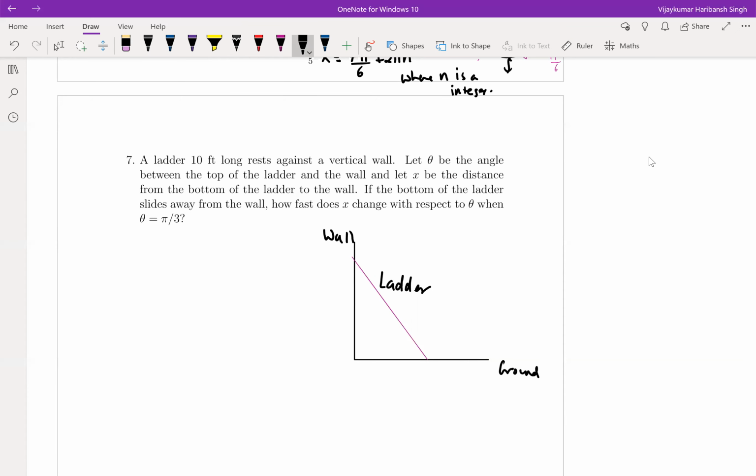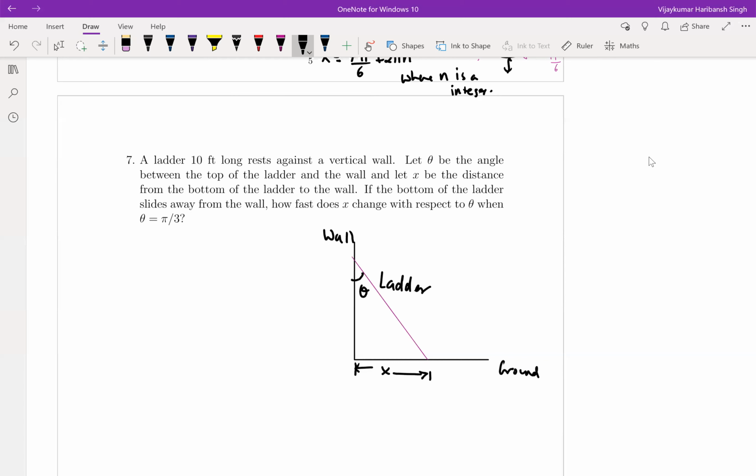Now, theta is the angle between the top of the ladder, which is here, and the wall. So this is your angle theta. Now, what else is given? x is the distance of the bottom of the ladder from the wall. So this distance is going to be x.